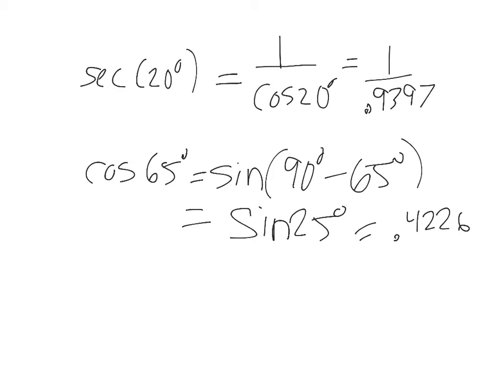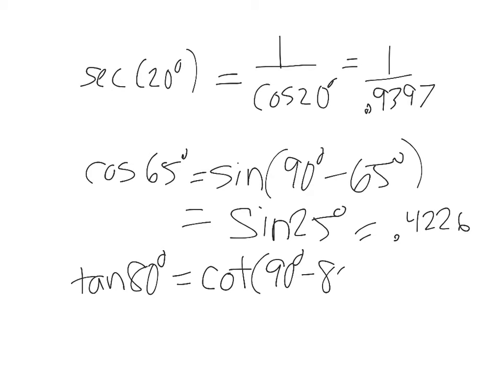Okay, let us do another type. I think now you would be able to do C. Actually, let's do D together. D is tangent of 80 degrees. Got tangent, but I definitely don't have 80 degrees. Well, I could say tangent of 80 is the same as cotangent of 90 minus 80, or the same as cotangent of 10 degrees.